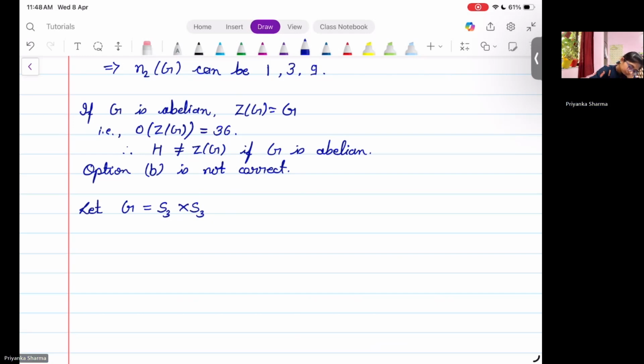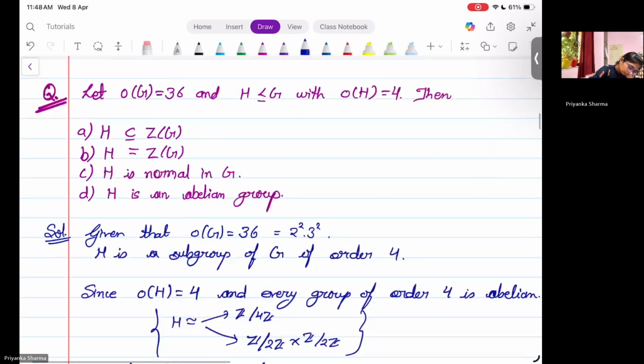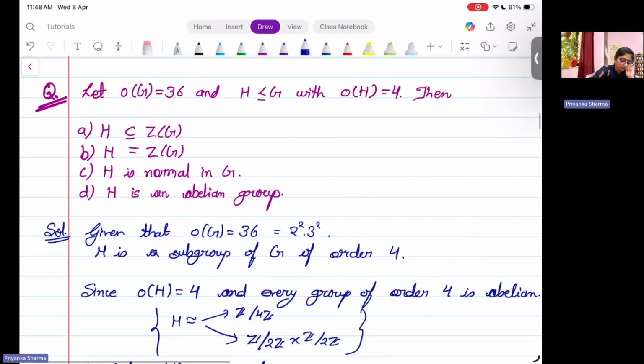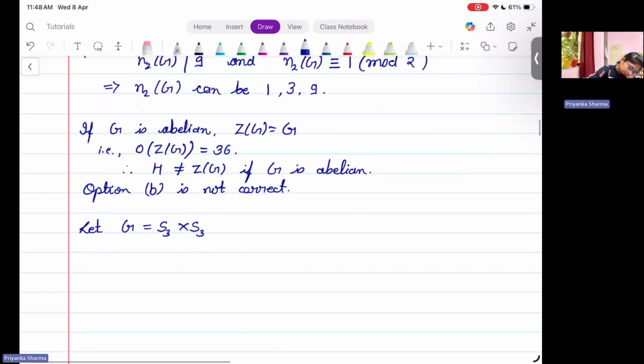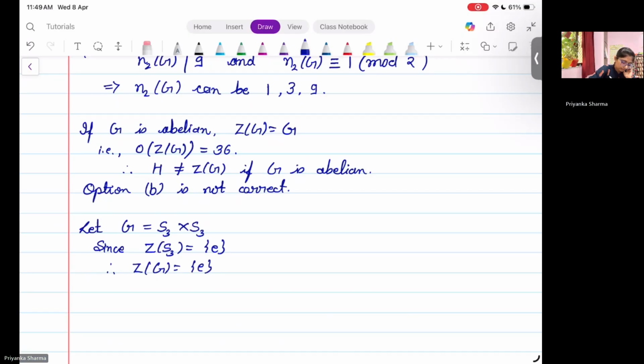So let G be S3 cross S3, because S3 is a non-abelian group of smallest order up to isomorphism. So ZG, what can be the center of this? Since the center of S3 is identity, therefore the center of G is again identity cross identity, or this is isomorphic to this.